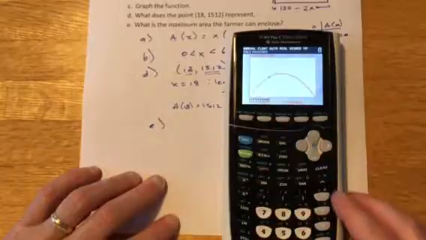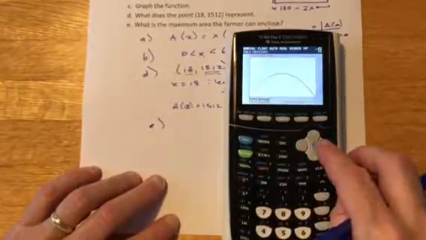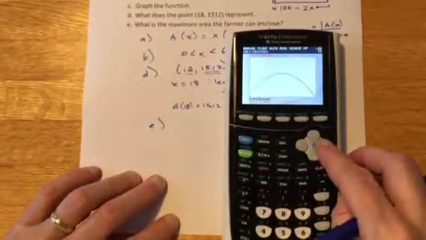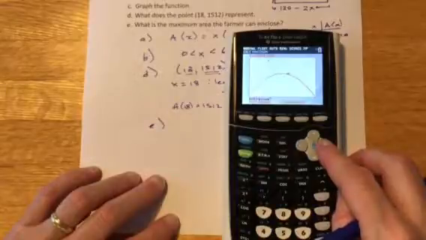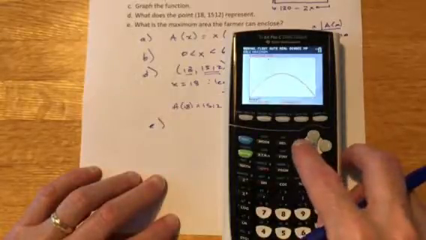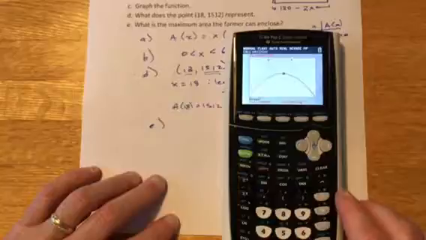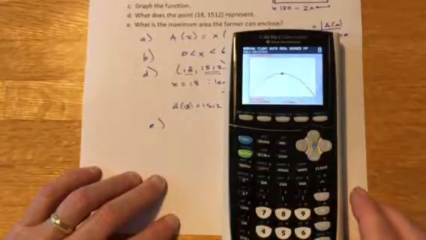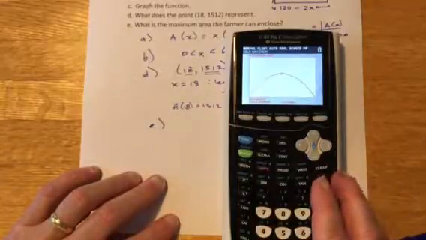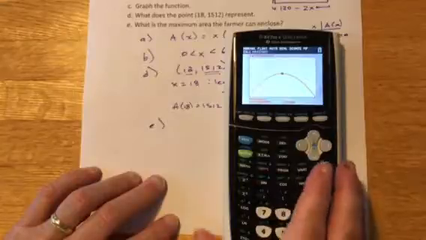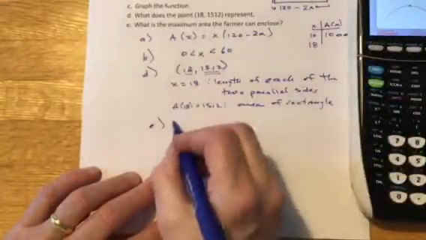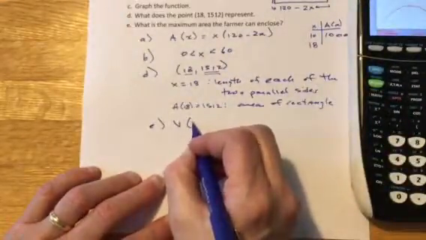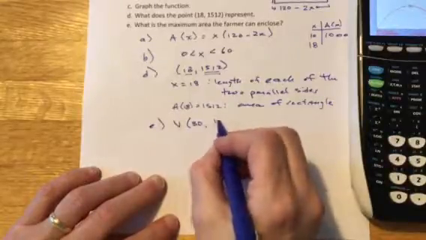Well, we're already left of the vertex, so we'll arrow over to the right side. Hit enter, and then you have to put in your guess. I hit enter again, and it gives me, I'll round that off, 30 comma 1800. So the maximum point, which is our vertex, is 30 comma 1800.